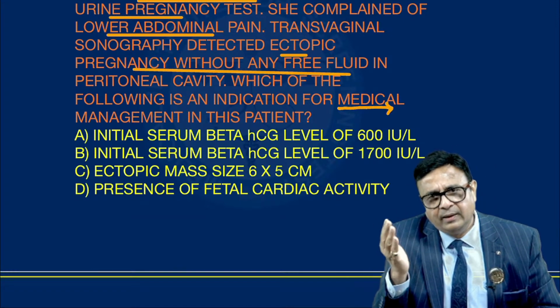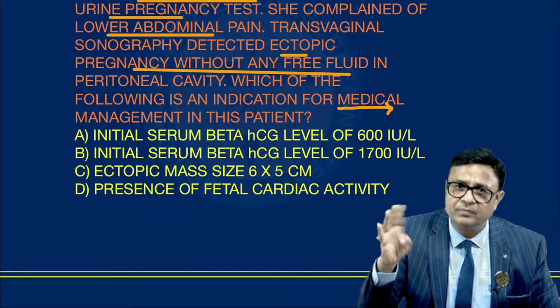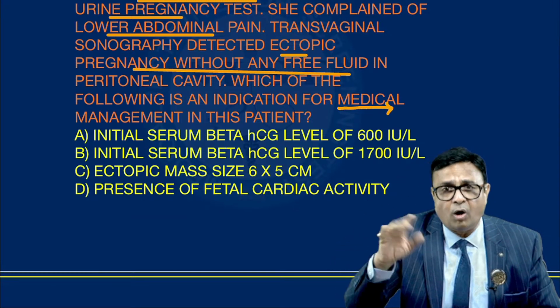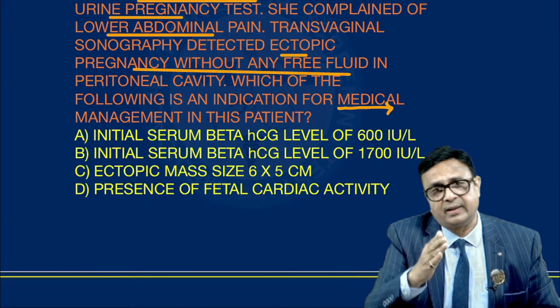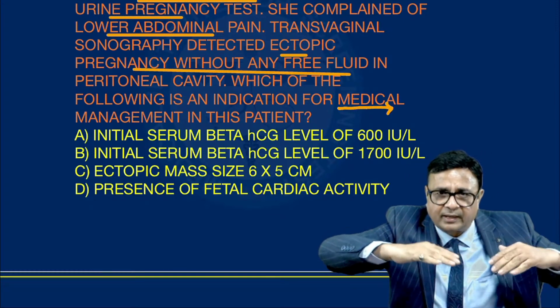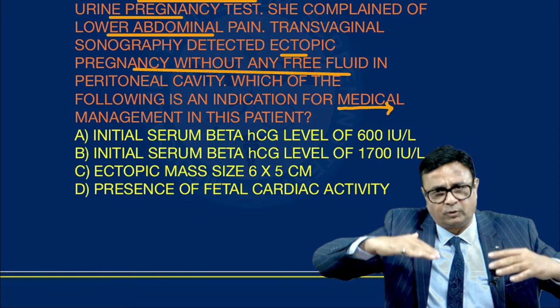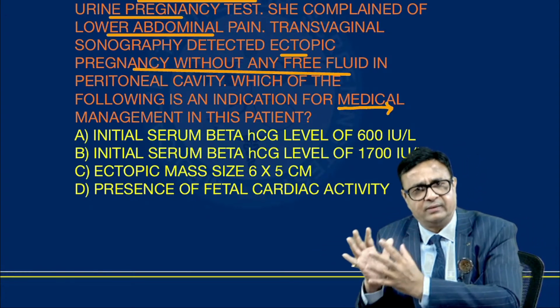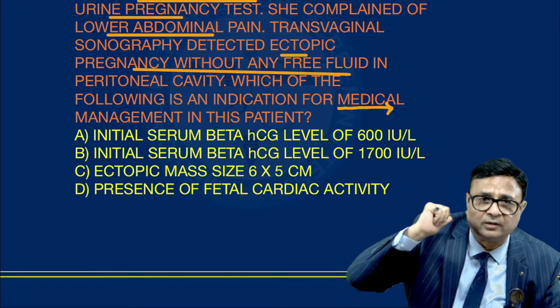Surgical management if beta HCG is more than 5000, ectopic mass size more than 4 cm, cardiac activity present, or if there is no response to medical management. So this is how we categorize the 3 types of management in ectopic pregnancy: expectant, medical, and surgical. Let's have a look at the options.